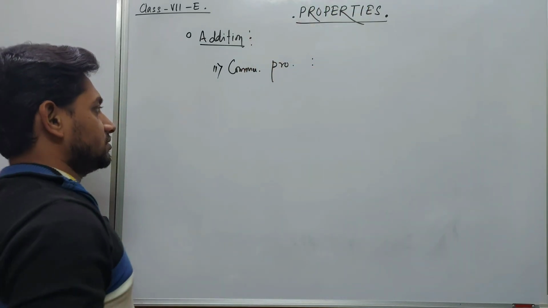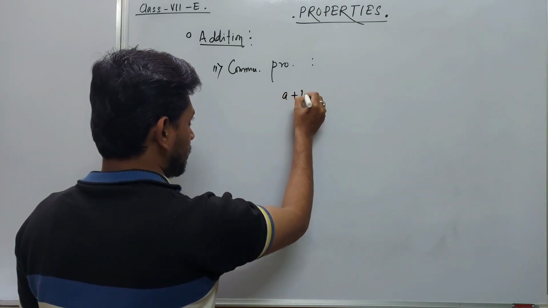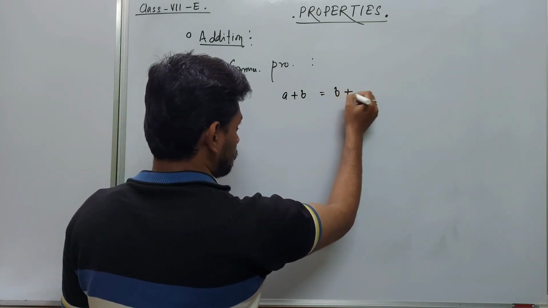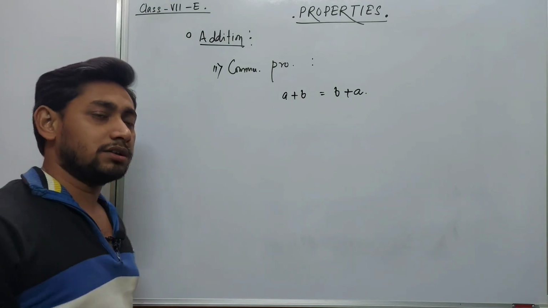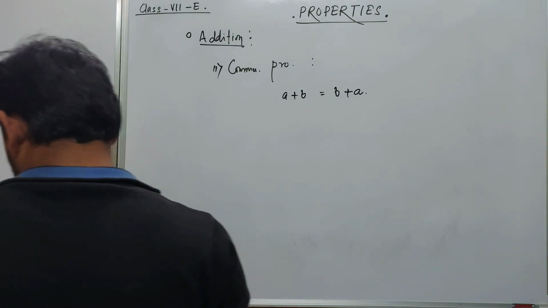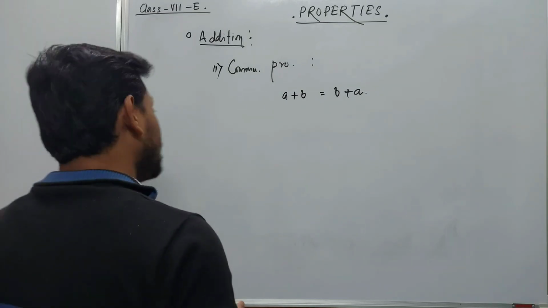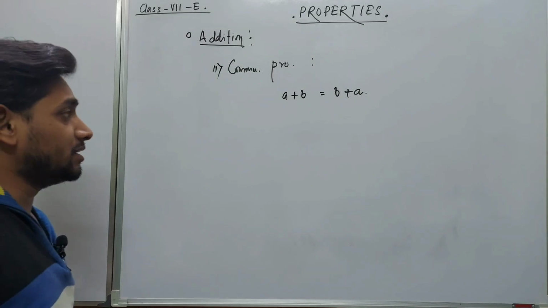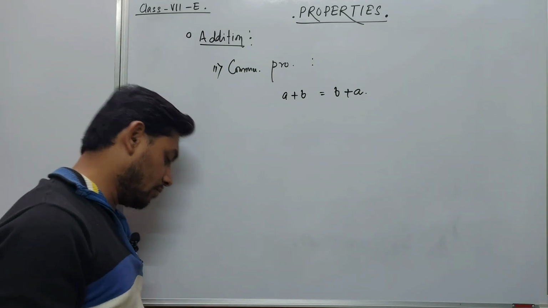This property says that if we add two numbers, the result is equal to adding the second number to the first number; both are equal. This is called the commutative property. That is, if a and b are two integers, then a plus b equals b plus a.